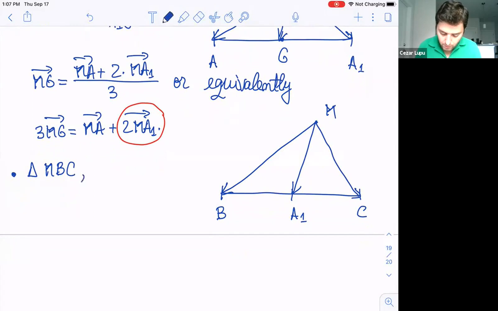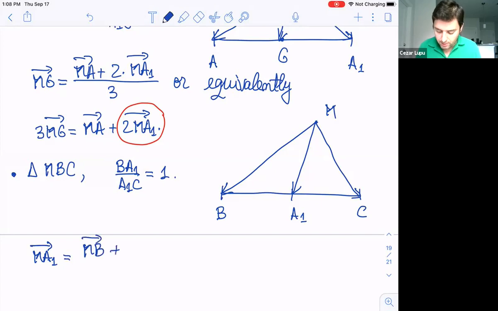So in this triangle, the ratio BA1 over A1C will be what? Can you tell me? What is the ratio? It's 1. This is the midpoint. So it follows that MA1 vector is MB vector plus 1 times MC vector, over 2. So it's nothing else than just 1/2 times this.